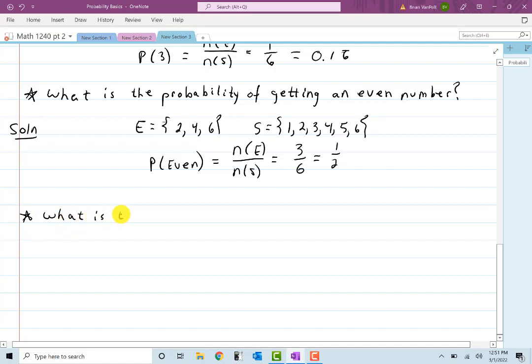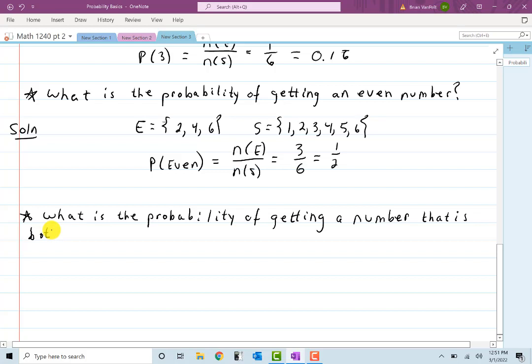What is the probability of getting a number that is both even and odd? Here, if I look at the event, there's no items in there.